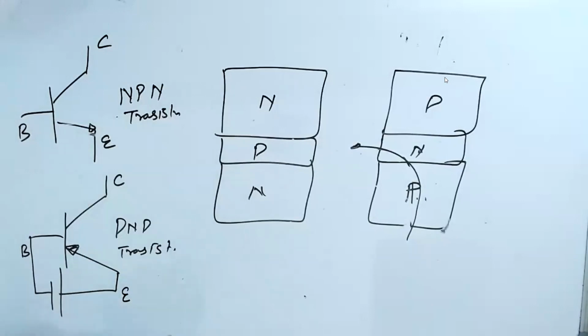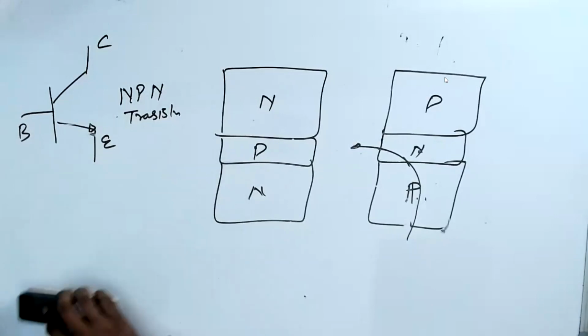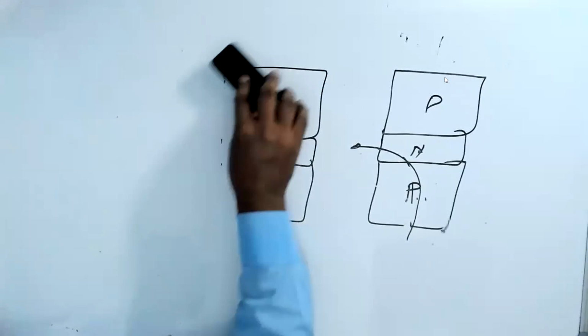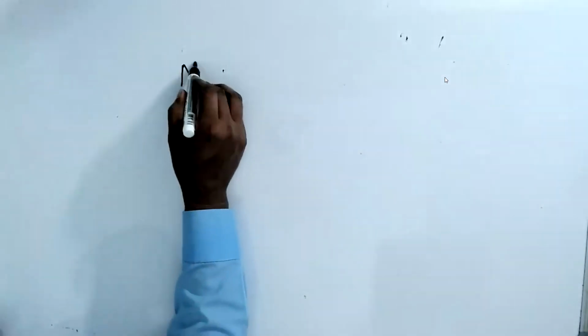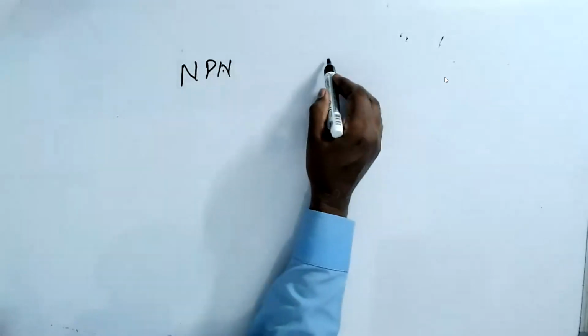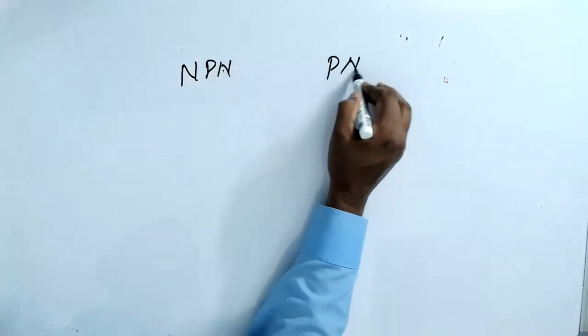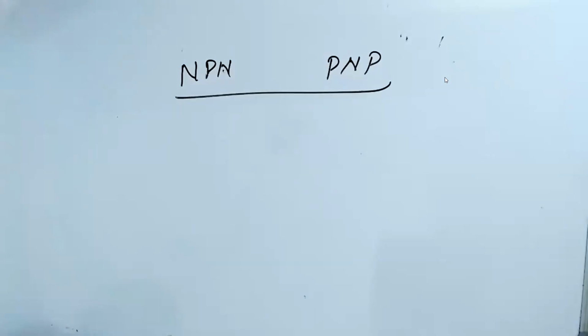Understand? So we have two types of usage. That's all very deep into the analog circuits, which we don't go into. So you can use it anyway. There's no big difference. One is called NPN. One is called PNP. Two types of transistors are there.